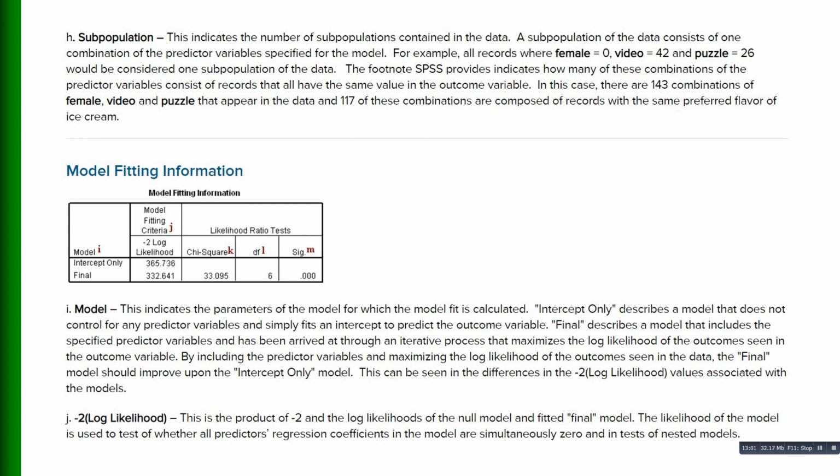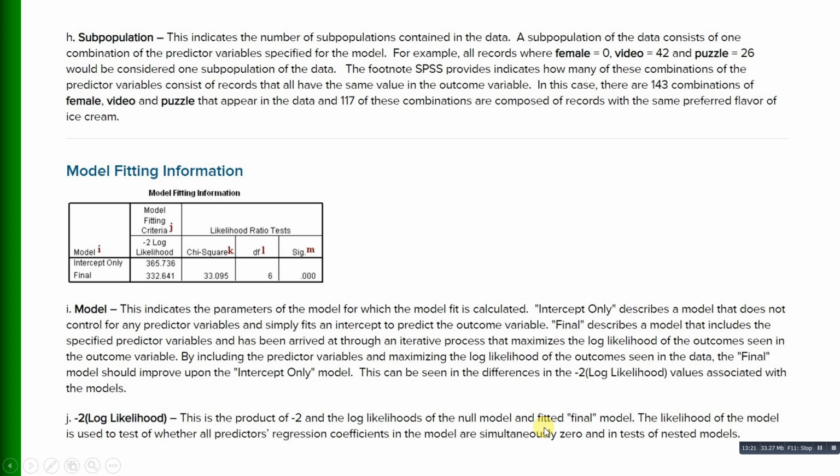Now let me discuss the -2 log likelihood. This is the product of -2 and the log likelihoods of the null model and the fitted final model. The null model means the intercept only model, and the final model means the one in which we include all the predictor variables.